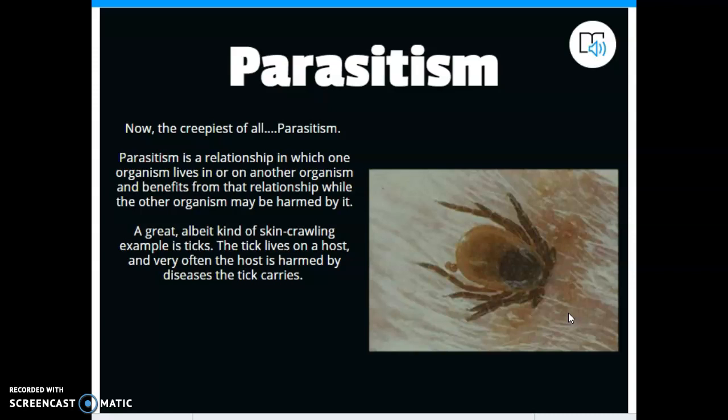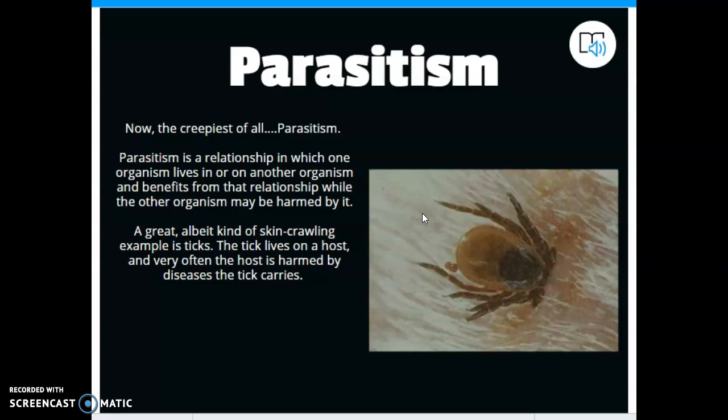I play disc golf. It's one of my favorite sports. And one of my favorite disc golfers, Ricky Wysocki, was bitten by a tick last year playing on the tour, because a lot of the disc golf courses are in the woods. And he got something called Lyme disease. Now, obviously, the tick benefited. Ricky Wysocki did not benefit.